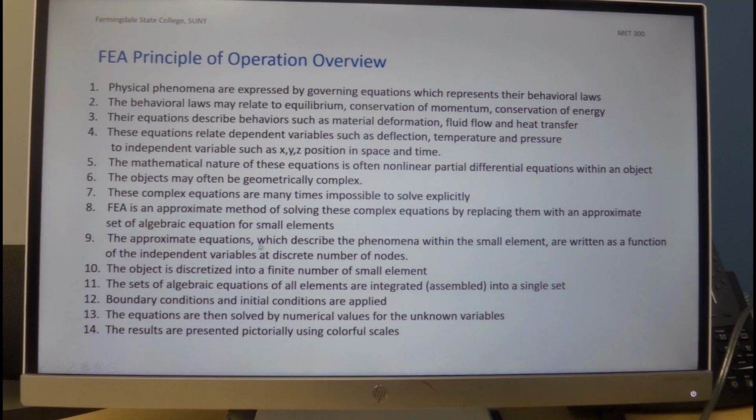The approximate equations, which describe the phenomena within a small element, are written as a function of the independent variables at a discrete number of nodes which surround the element.